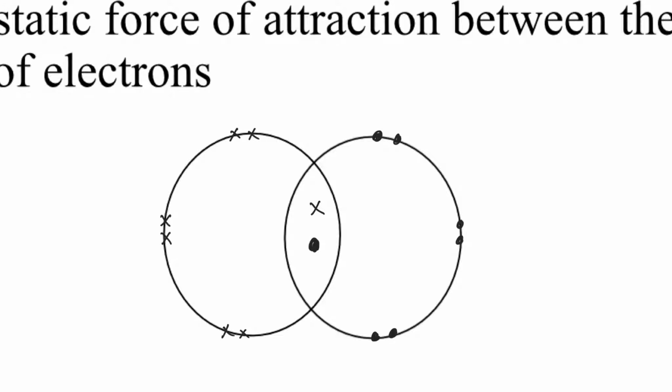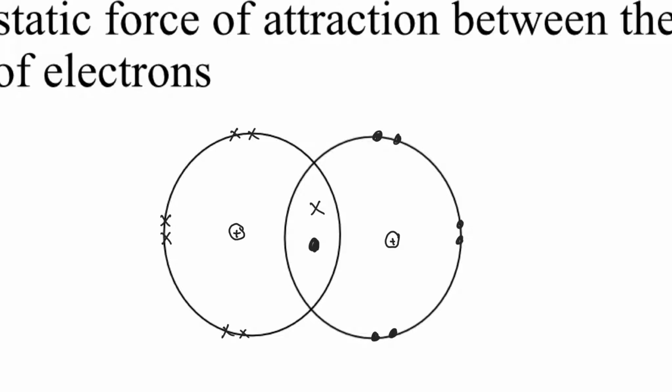Now, electrons, as we know, are negative, and any nucleus has a positive charge because nuclei contain protons, which have a positive charge. Neutrons, also present in nuclei, don't have a charge at all.